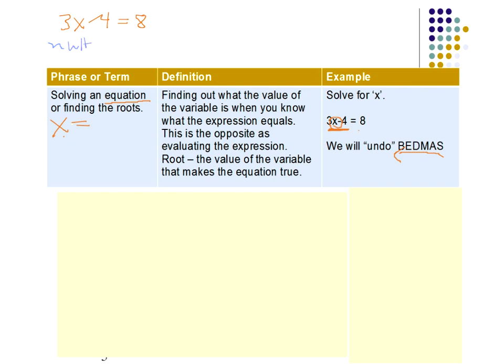Well, that means I'm multiplying by 3. And this symbol means I'm subtracting 4. Well, I know how to undo those, and I think you would too. You undo multiplying by 3 by dividing by 3, and you undo subtracting 4 by adding 4.